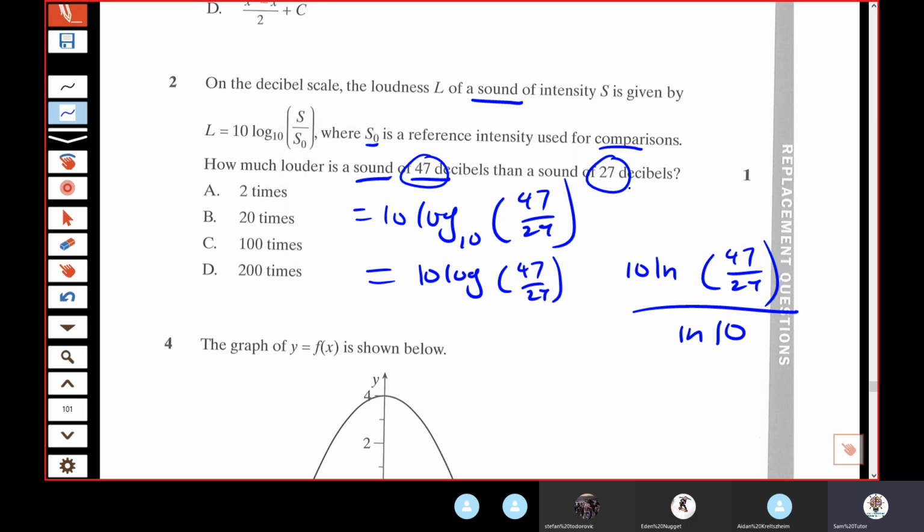No? Am I doing something wrong? I'm looking at it as S naught is a reference intensity used for comparisons, so the comparison between 47 and 27. Maybe you're right.